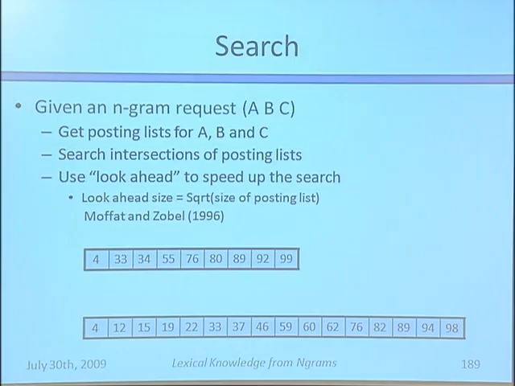To increase the speed, we use algorithms like look ahead and skip list, where you compare 2 pointers, and in case you don't find a match, you skip ahead in the other list to get the potential match. At the end, you are left with all the potential matches from the inverted list.